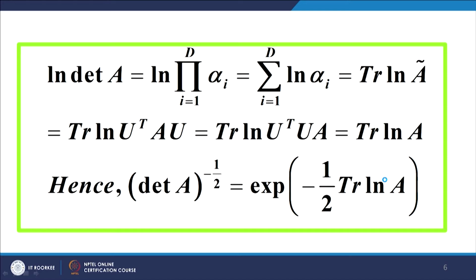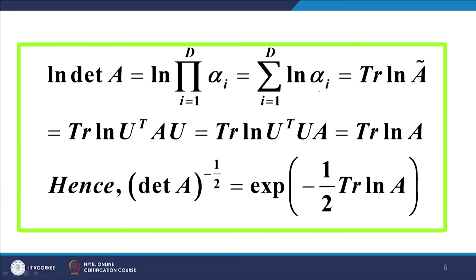Please note this particular point: if A is a diagonal matrix, then log of A will also be a diagonal matrix, and its elements will precisely be the log of those diagonal elements which constitute the matrix A. And if we look at the matrix A squared, then again we will have a diagonal matrix whose elements are squared, alpha 1 square, alpha 2 square, and so on. So, that is the property that we have made use of here.